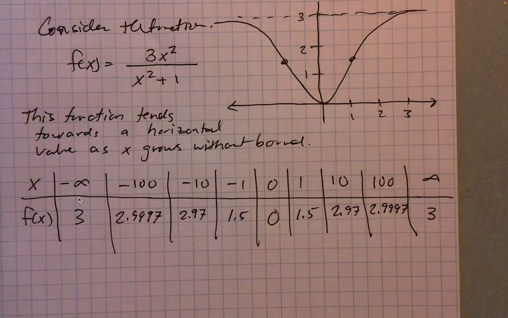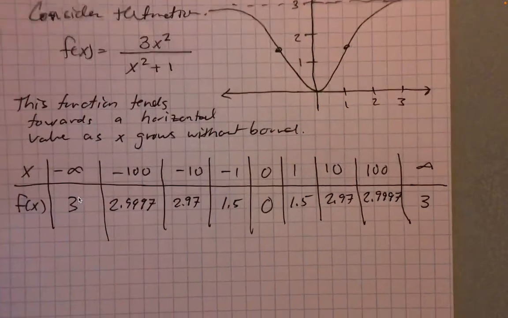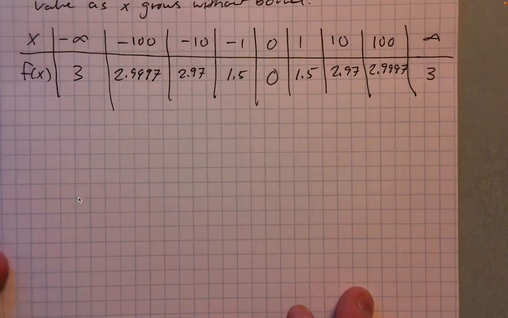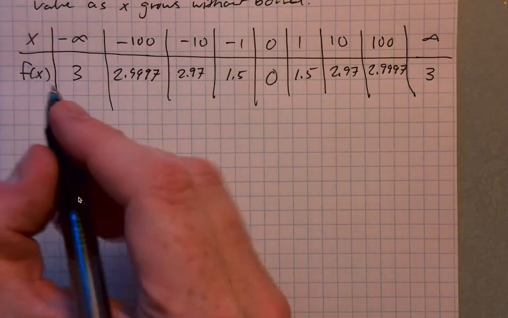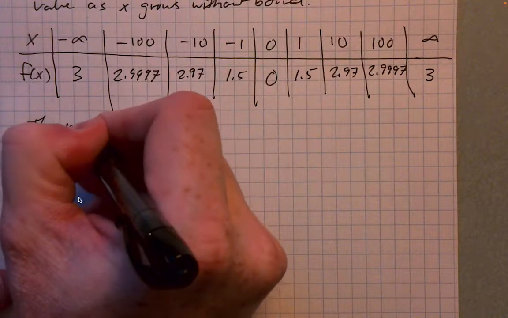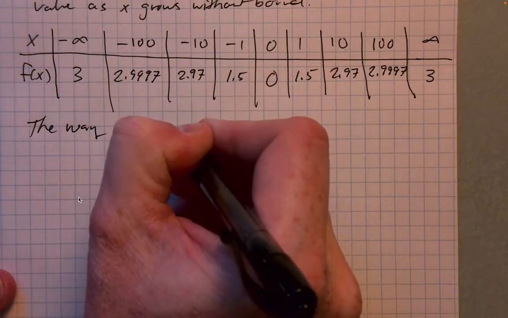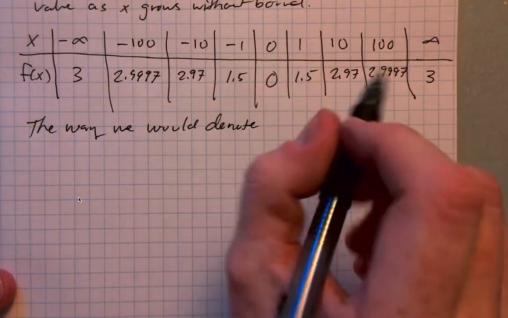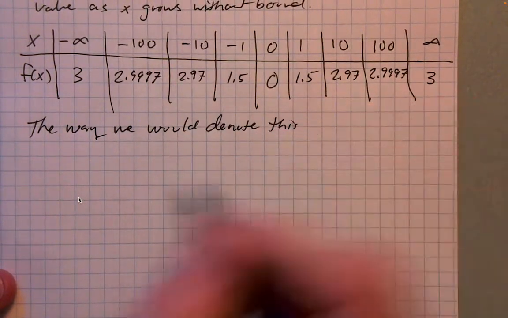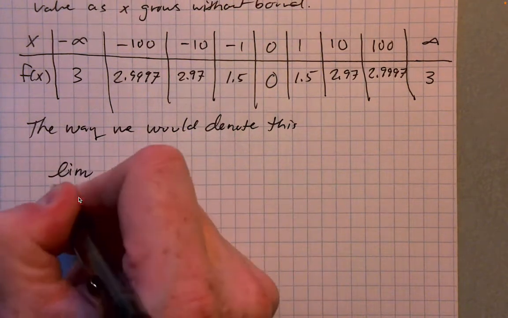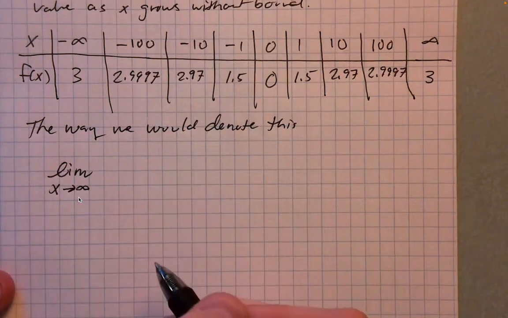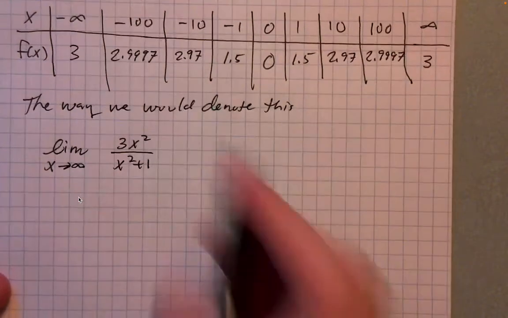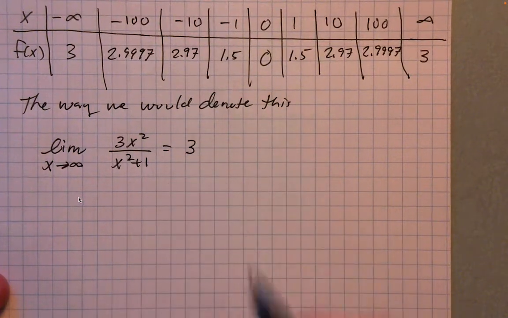Okay, and so this is the characteristic of a limit, right? Of an asymptote at a limit. And so the way we would denote this idea of a limit, a horizontal at infinity, would be to say something like this: the limit as x approaches infinity of 3x squared over x squared plus 1 equals, in this case, 3, right?